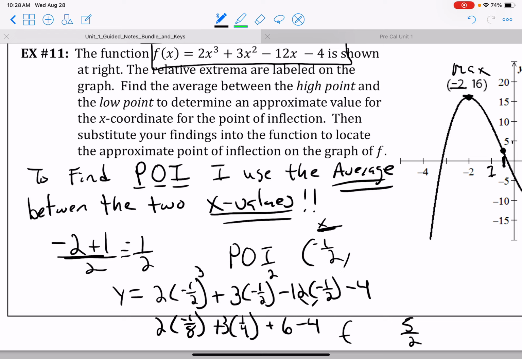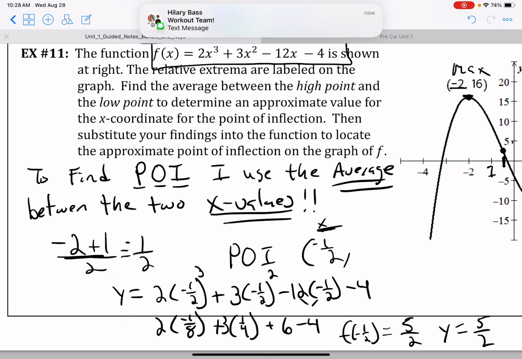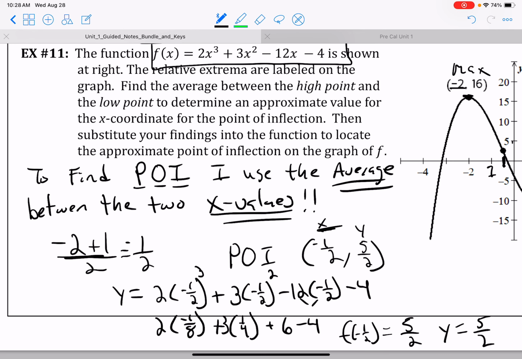So f of negative 1/2 equals 5/2, which means my y value is 5/2. Okay? So my point of inflection is when x is negative 1/2, y happens to be 5/2.